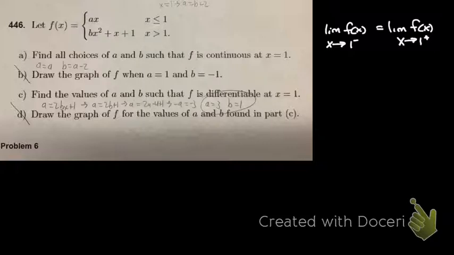So in other words, I'm looking at what's the limit as x approaches 1 from the left of ax, right? You can't really tell that that's a 1.